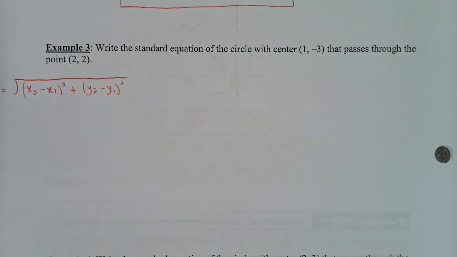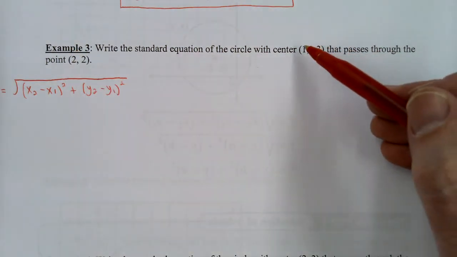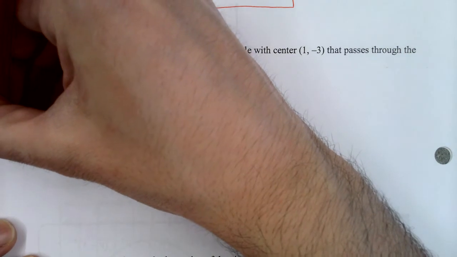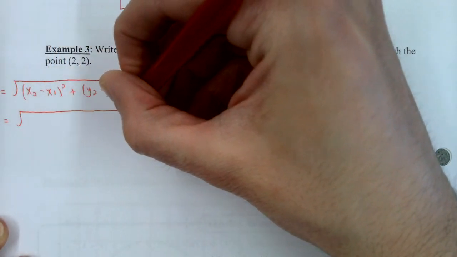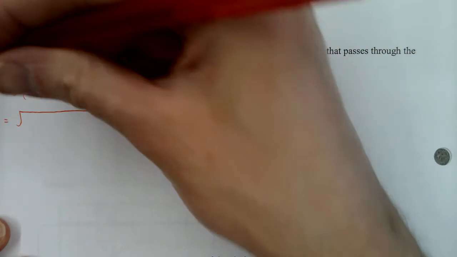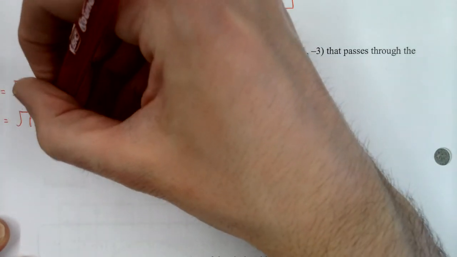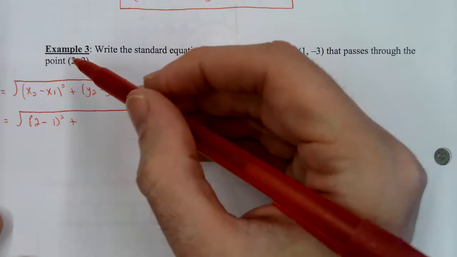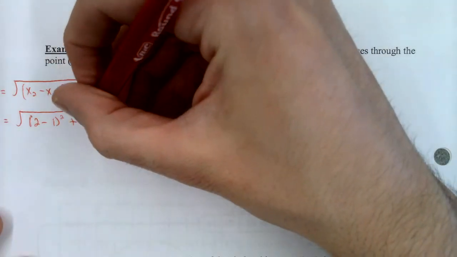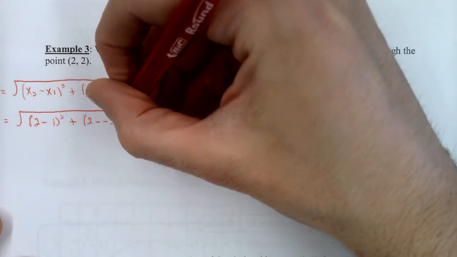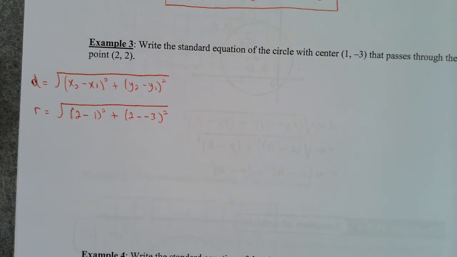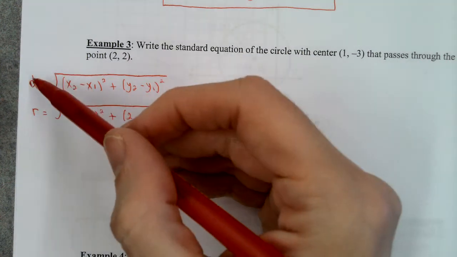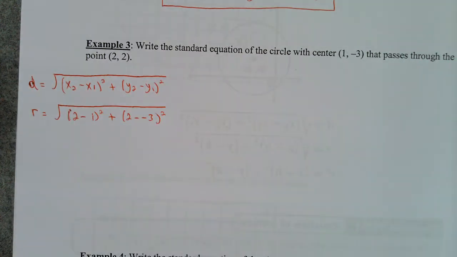Subtract the x's, so 2 minus 1, squared. Subtract the y's, 2 minus negative 3, squared. I replace the distance d with r for radius. You can make this plus a positive.